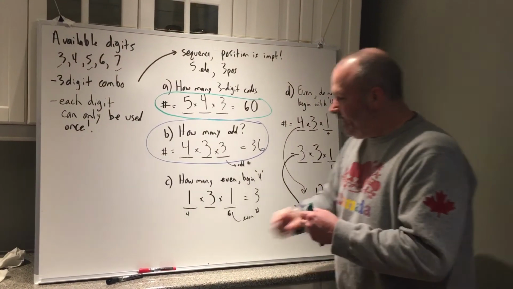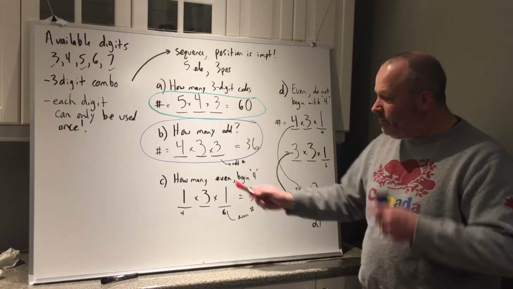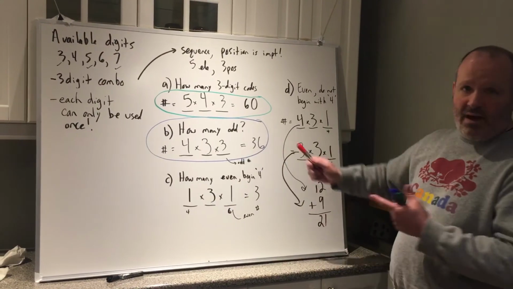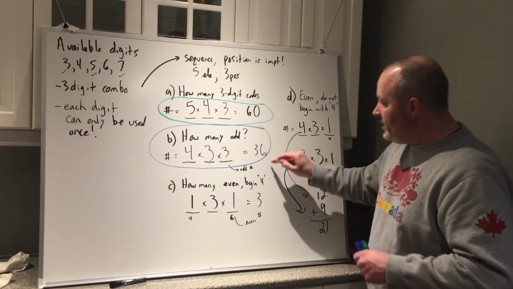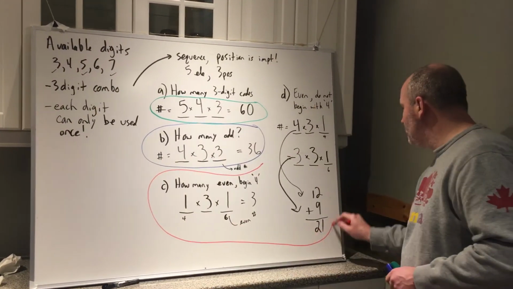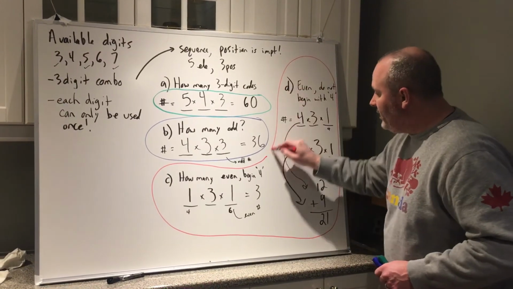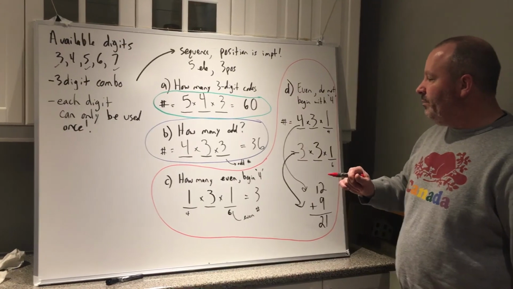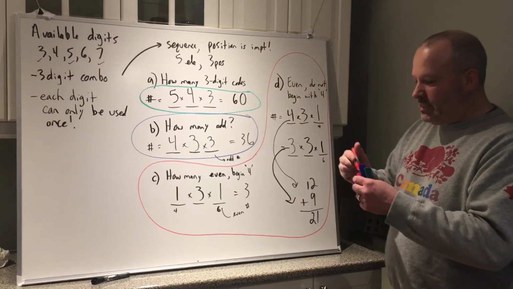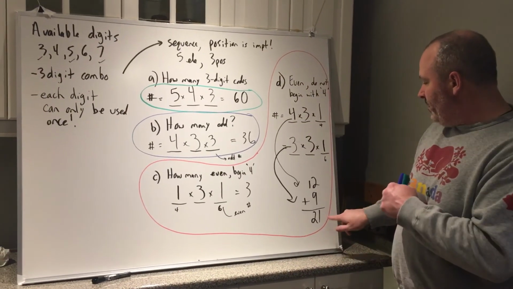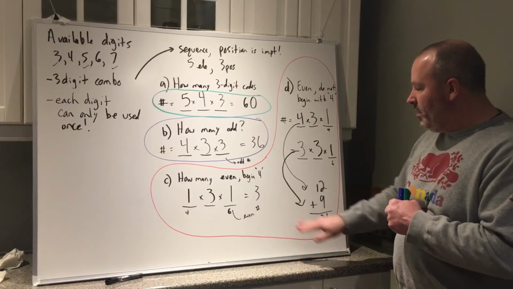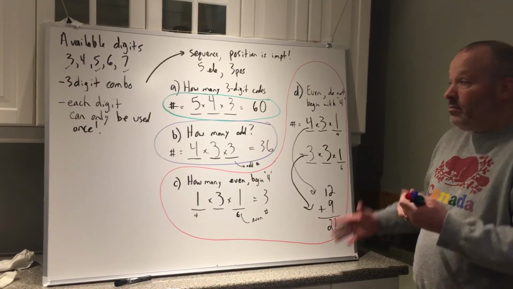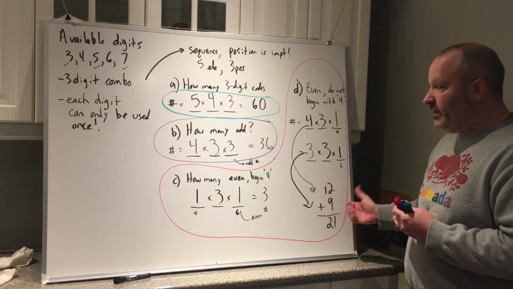If you look at it carefully, this is even beginning with a 4, and this is even not beginning with a 4. So these are all the evens. All the evens are in the red, all the odds are in the blue, and everything is in the green. So 21 for not beginning with a 4, 3 for beginning with a 4, 24 evens, 36 odds.